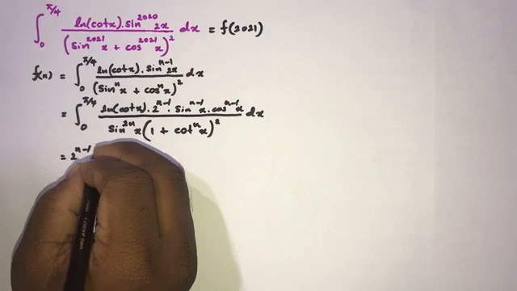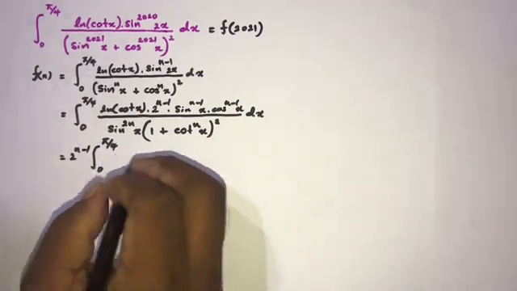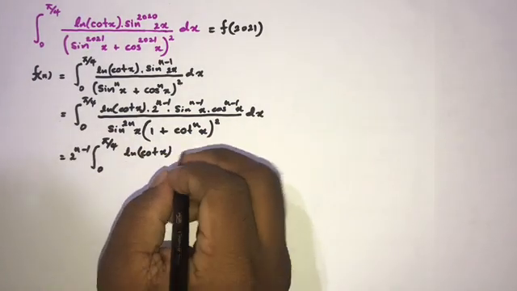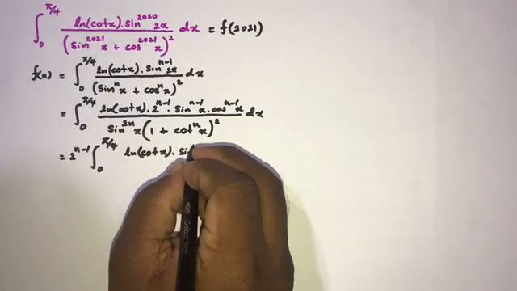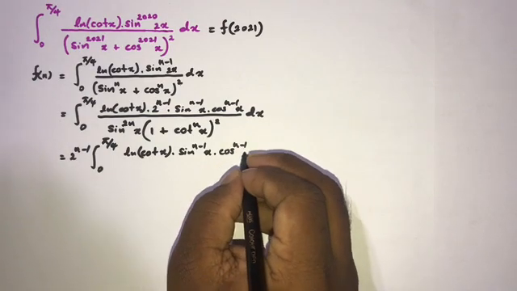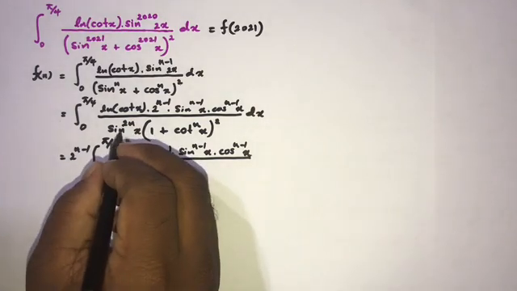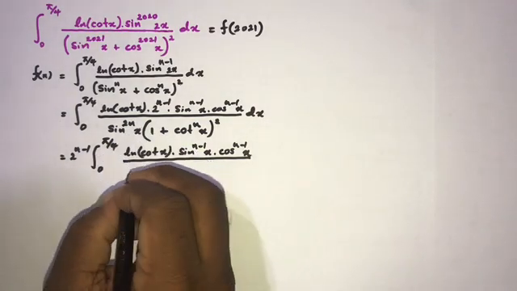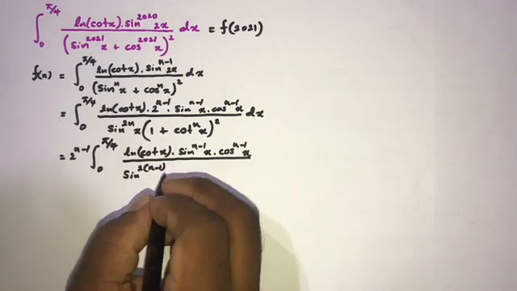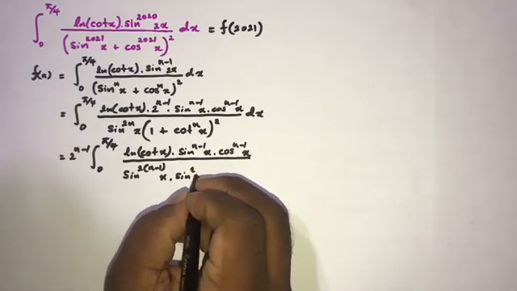So 2 raised to the n minus 1 power, integral from 0 to pi over 4 of natural log of cotangent of x times sine to the n minus 1 power of x cosine to the n minus 1 power of x, over, for sine of 2n of x, I am going to write sine to the 2n minus 1 power of x times sine square of x.